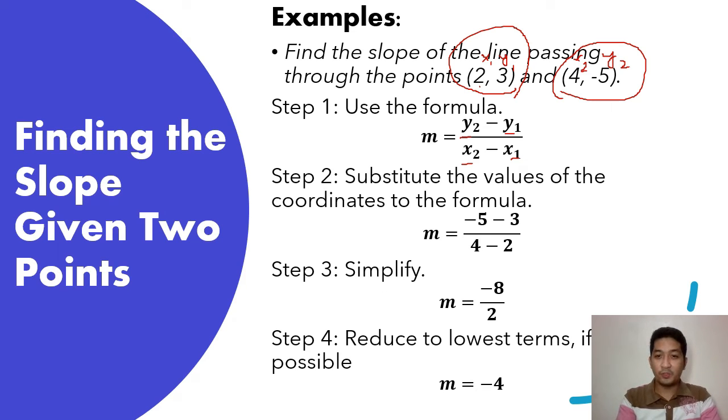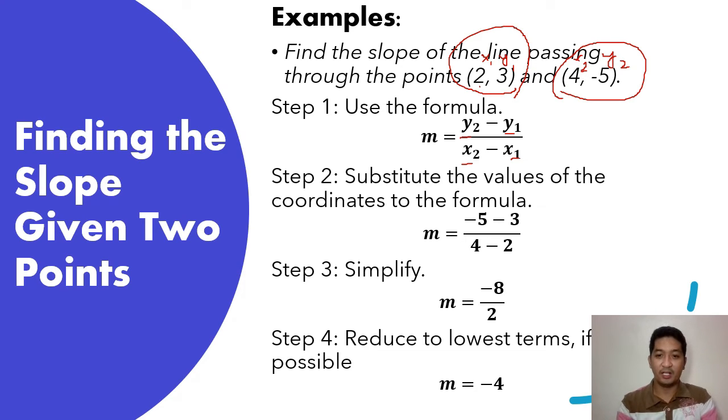Now, using step 2, substitute the values of the coordinates into the formula. M, or the slope, is equal to negative 5, that's y sub 2, minus y sub 1. What is the first y? Which is 3. Over 4. Where did the 4 come from? That's the second x. And then minus 2, the first x. Next, simplify.